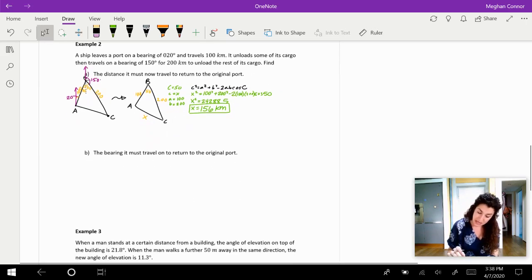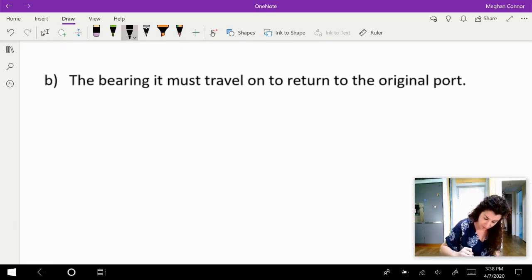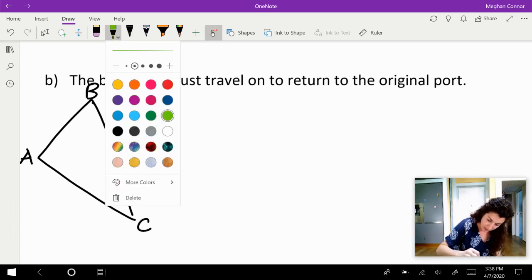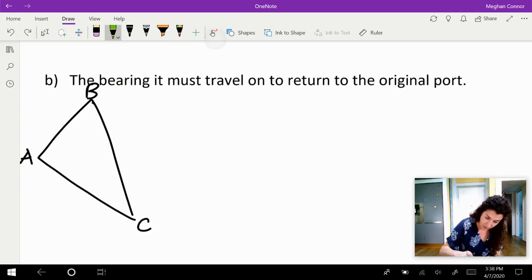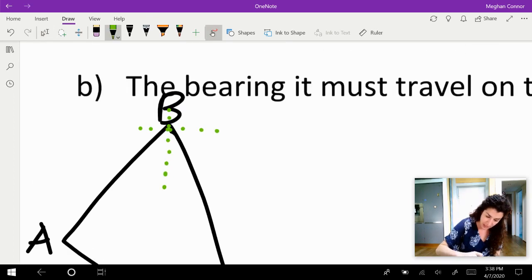All right, the bearing. Now we need to find the bearing it must travel on to return to its original port. So let's redraw the drawing. A, B, C. Let's break it up how we had it before, with north, south, east, west going on at each angle.